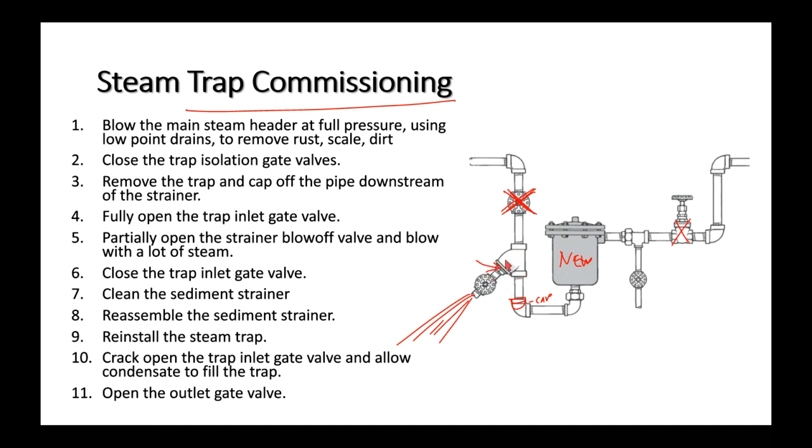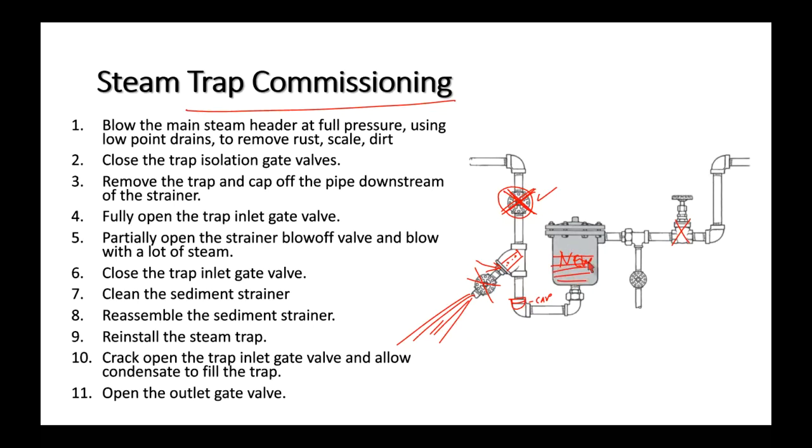And then I'm going to remove the bonnet, and I'm going to pull out the strainer, and I'm going to get all of the garbage out of it and make sure it's nice and clean. Then I'm going to put the strainer back in and close this up, and I'll close that valve. I'll remove the cap, I'll install the trap, and then I open up the inlet valve and I let any steam and condensate in there build up in the trap.